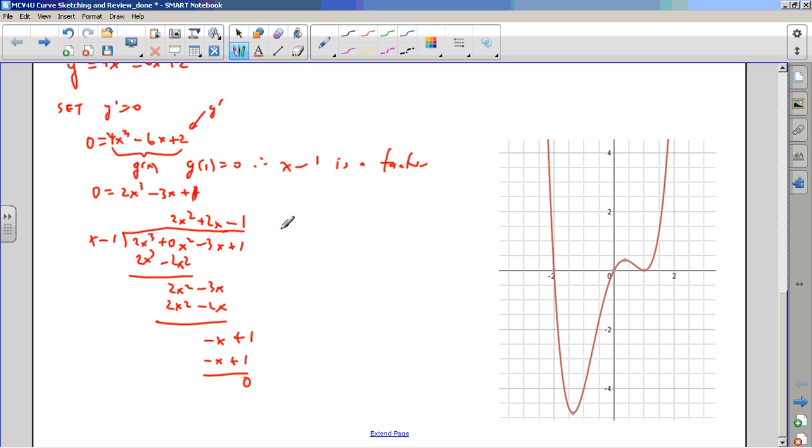So notice this doesn't factor. But if I use my quad solver or quadratic equation, I get 0.366 about, and negative 1.366.